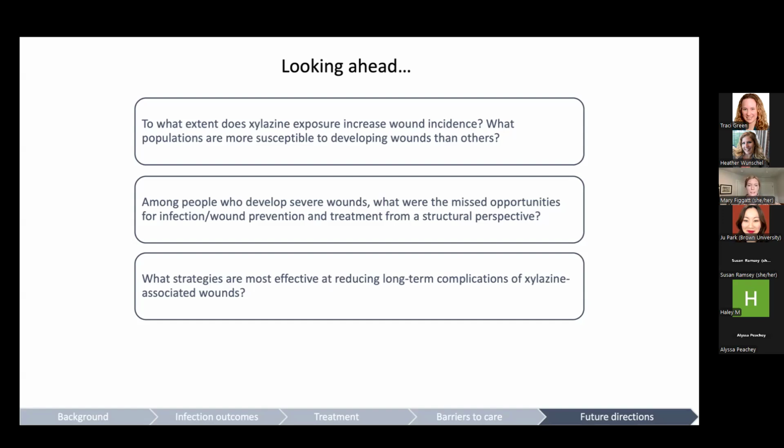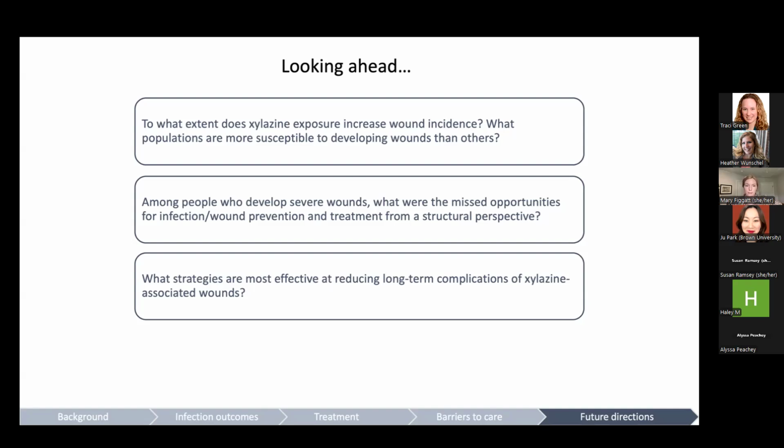And then overall, the last thing I thought of bringing up was what strategies are most effective at reducing long-term complications of xylazine-associated wounds.